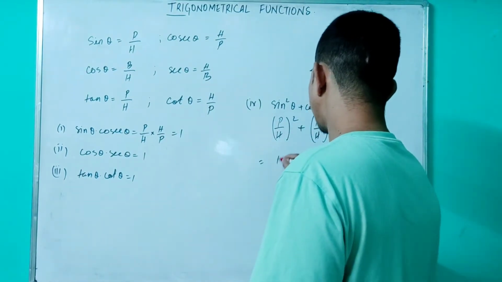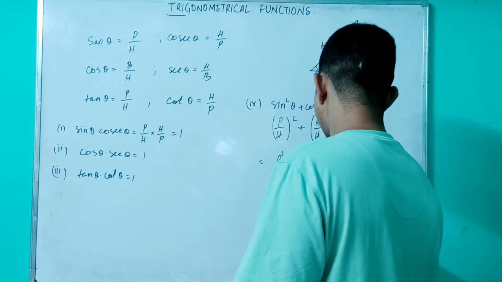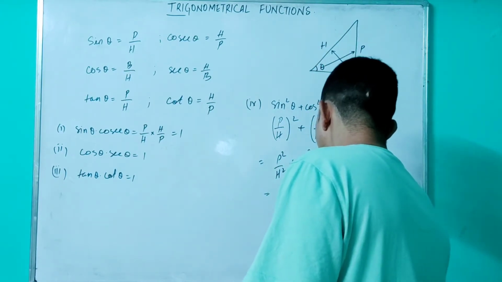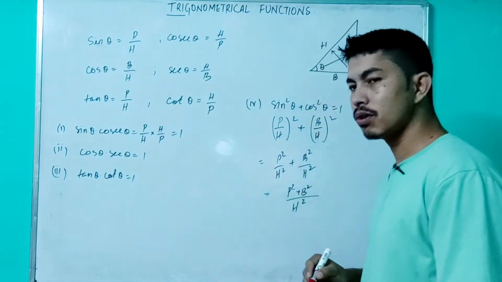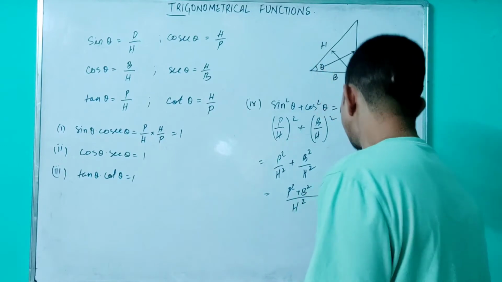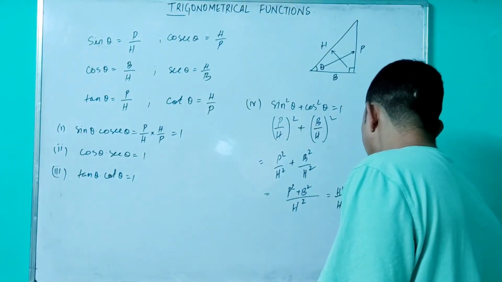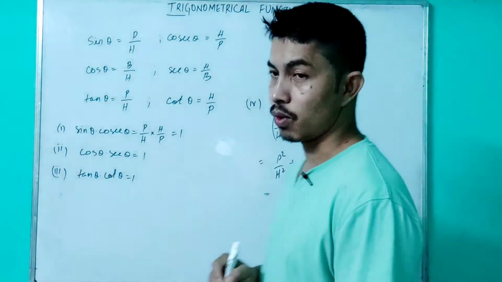Squaring this, we have p square divided by h square plus b square divided by h square. The denominator with the LCM is h square, and the numerator is p square plus b square. From the Pythagoras theorem we know that p square plus b square is h square. So it is h square divided by h square, which is equal to 1. Hence sin square theta plus cos square theta is 1.